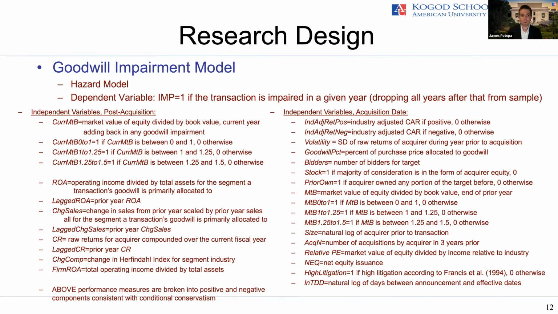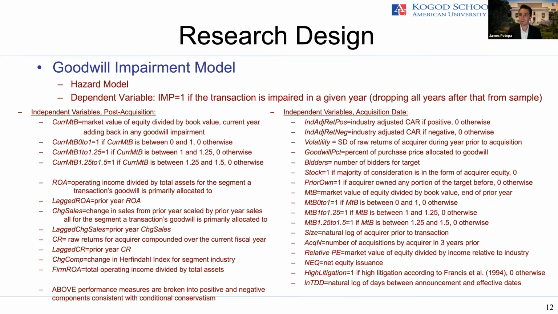So we have a hazard model. What are the independent variables? On the left side of the slide, we have the post-acquisition performance. At the very top of the list are all of the market to book related variables. Generally, prior papers use either market to book as a continuous variable or market to book less than 1 as an indicator.